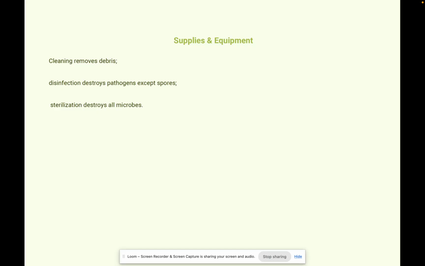So it can clean and destroy pathogens like bacteria, but the spores are still present. Sterilization destroys all microbes. So ideally, if you are working in a hospital setting and reusing some things for the client, then sterilization is always the best technique possible.